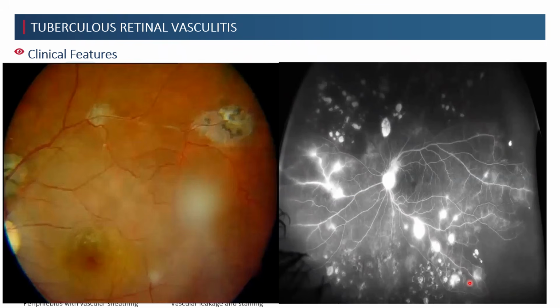So when you see this picture in fluorescein angiography or fundus photography, always keep tuberculosis in mind, and make sure whether this patient has tuberculosis or not, so that you can combine anti-tubercular treatment with any interventions you want to do. So the characteristic feature that gives a clue to the tuberculous origin is the presence of perivascular granulomas.